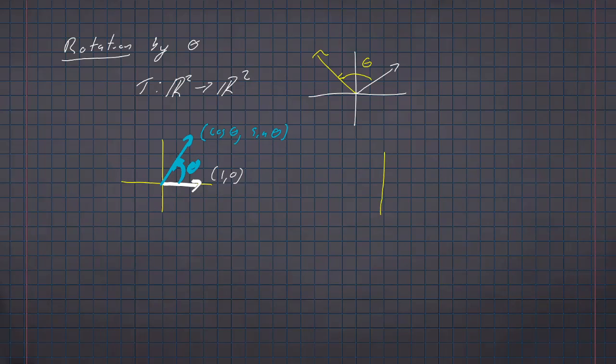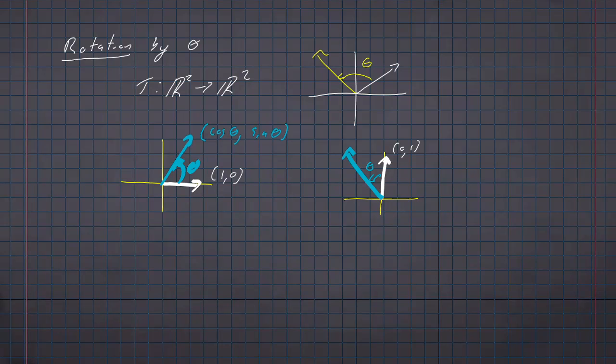And likewise, if I start with the unit vector in the y direction, rotating by theta will take me somewhere kind of hereabouts. All right. That angle is not in standard position, so we do have to be a little bit careful.